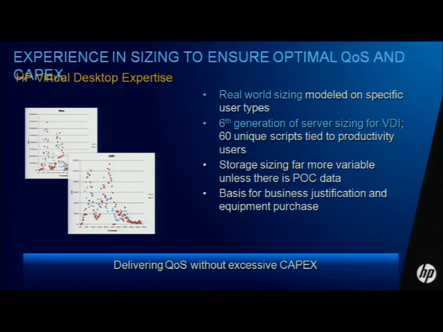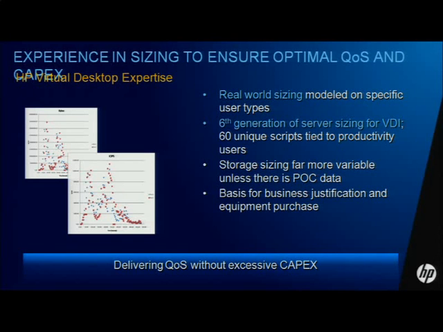We're in the process of testing G7, but with the G6 processors, we're getting 8 to 9 users per core, which on the ones we're using is 64 to 72 users per core for productivity users.